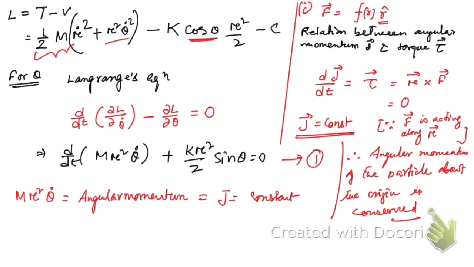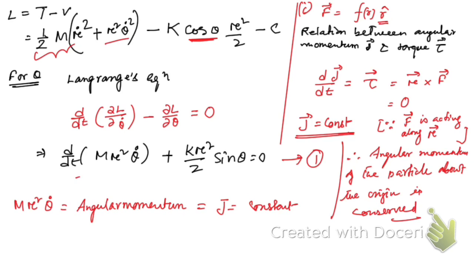So if this part is constant, then the derivative of this with respect to time is going to be equal to 0. So we're going to have k r square by 2 sine theta is equal to 0 here, right? So hope you have understood this.